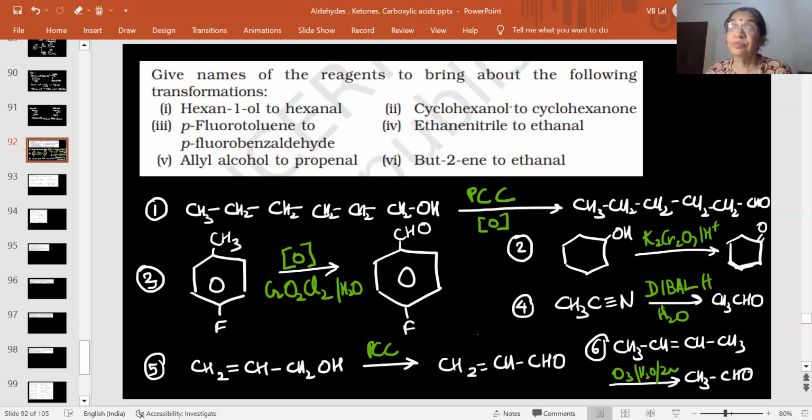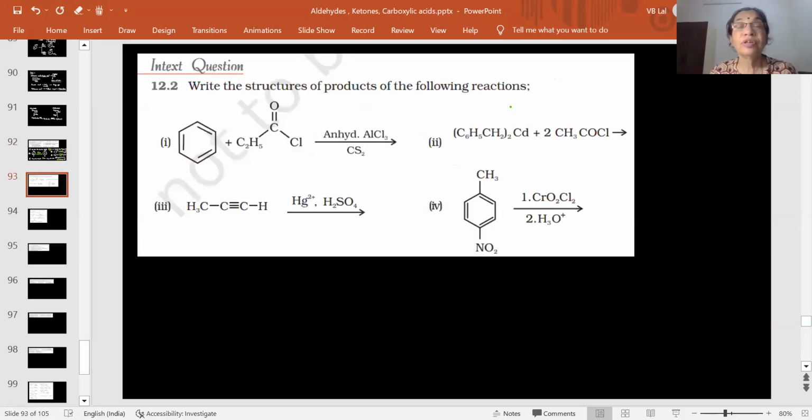Okay, so Dibal H will convert cyanide to CHO, and chromyl chloride will convert CH3 to CHO, PCC will convert CH2OH to CHO, K2Cr2O7 will convert OH to C double bond O. So like that we need to practice, then only you will get the answers. Okay, so this is the first set.